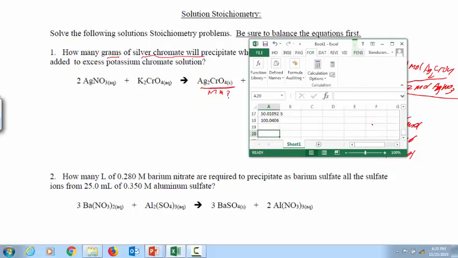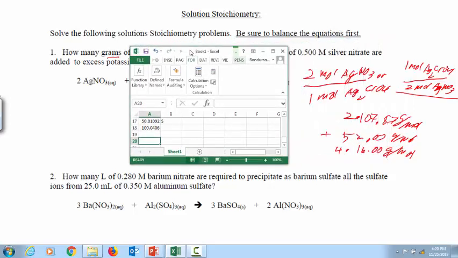So let's go down one and say equals 2 times that's silver, equals, I'll go ahead and use 51.998, I think it's 996. I'll use a few more sig figs.